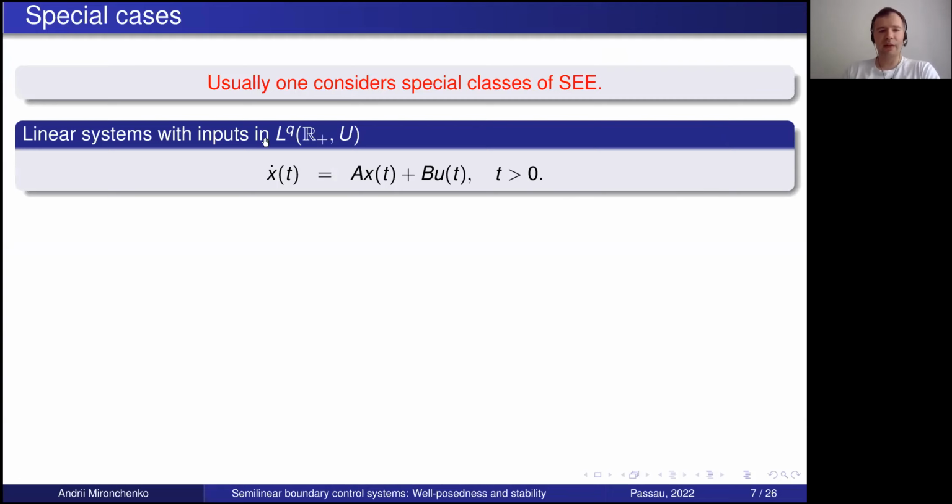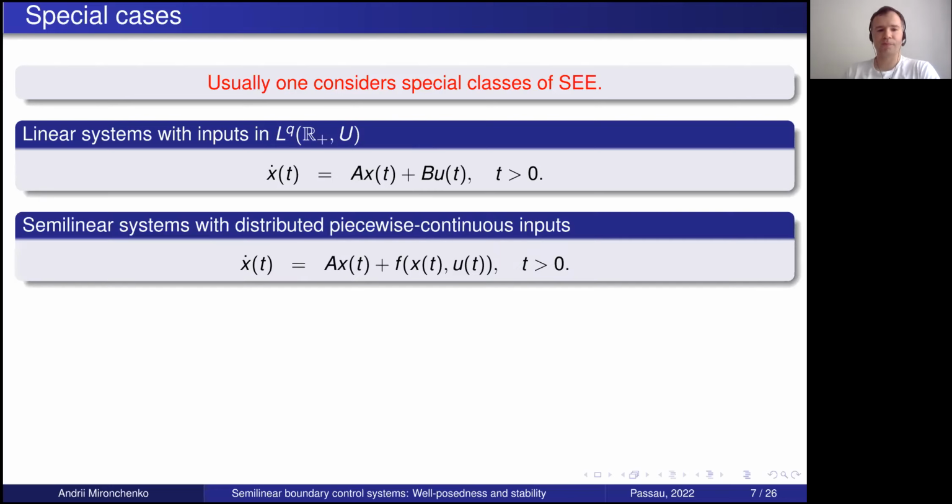For example, a great deal of research was devoted to linear systems with unbounded operators B. This is a model for linear PDEs with boundary inputs. And the input space is usually some space L^q, in many papers L^2, so some integrable inputs.